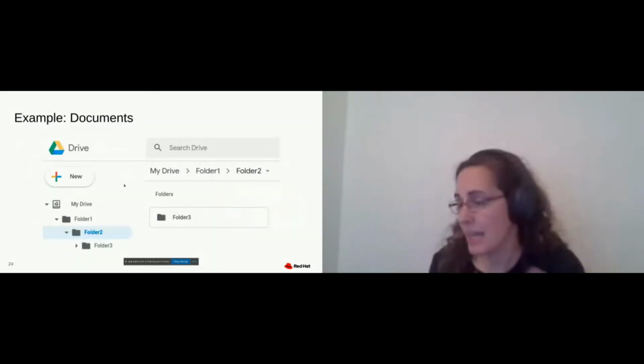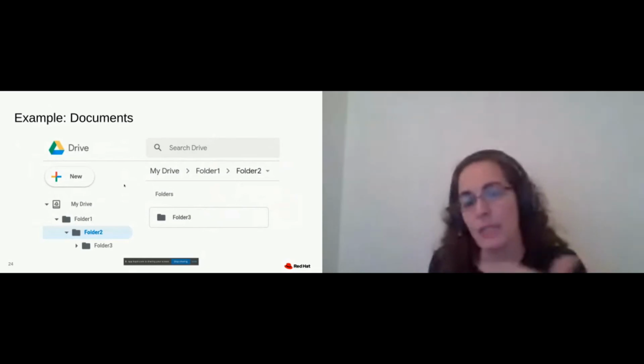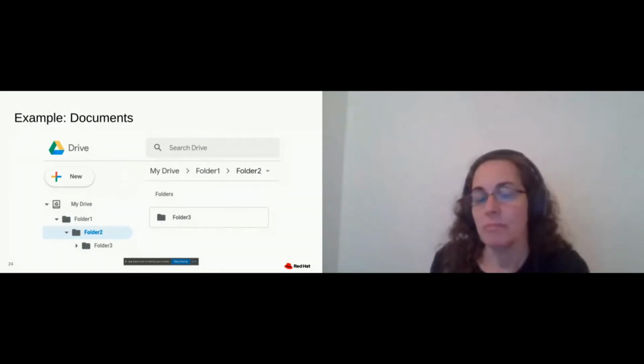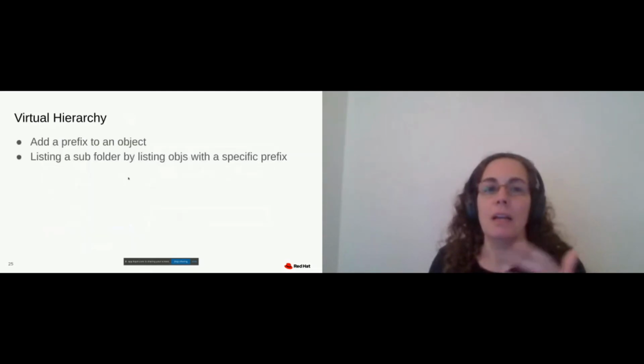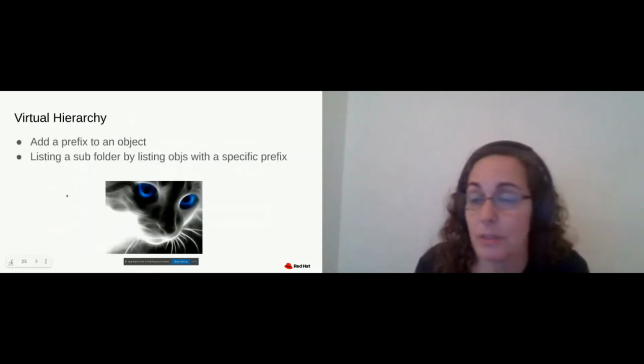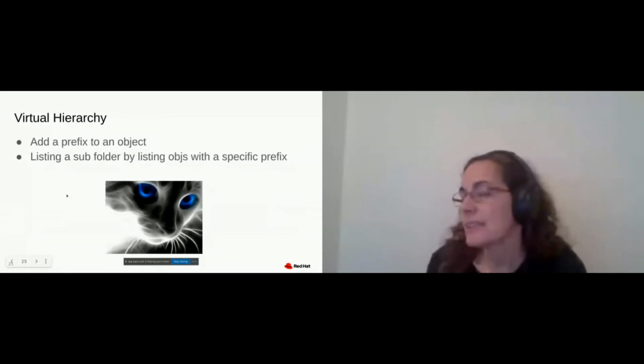Another example, I said we are a flat namespace, but you can actually have a much more complex hierarchy. For example, here you have folder 1 containing folder 2 that contains folder 3. You can do it in object storage. This is what is called a prefix in S3. A prefix is basically a metadata key that you can add to an object.